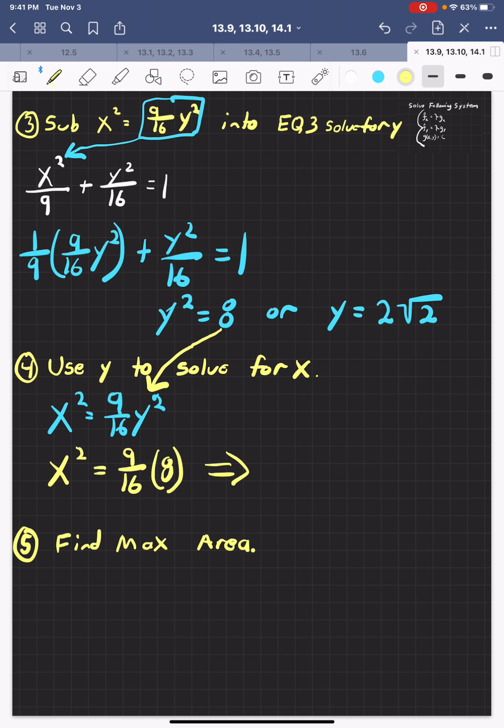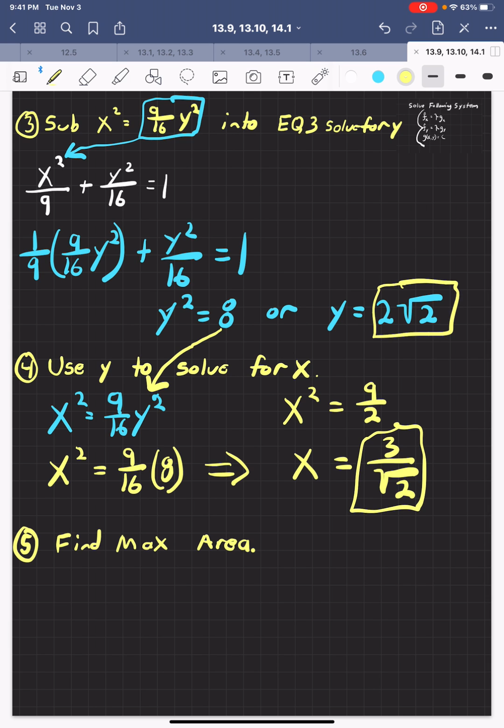In other words, x squared is equal to 9/2, or x is equal to 3 over the square root of 2. Quite beautiful. Do you recall these values? x and y, this is what we got in the previous video as well.